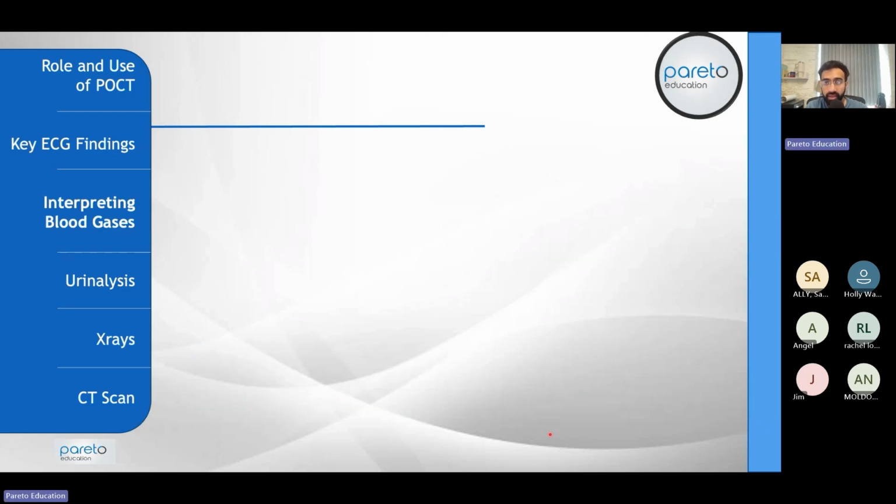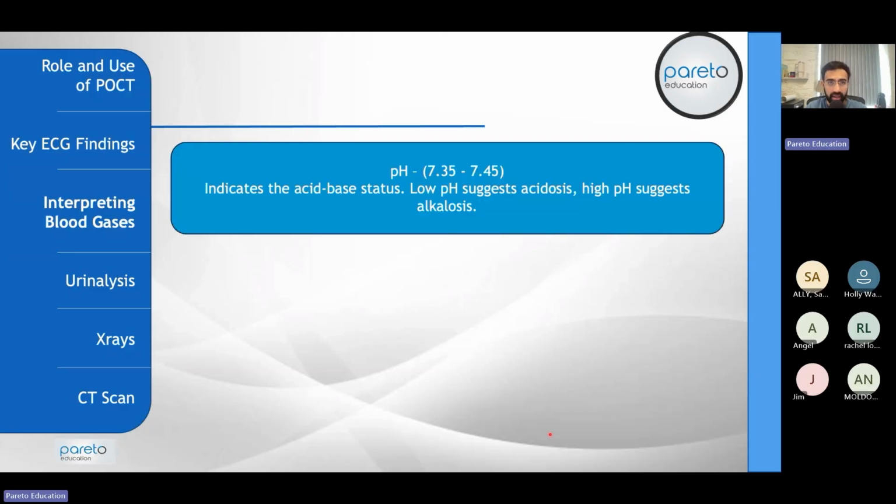The first thing is the pH, which ultimately tells us the acid-base status. Broadly speaking, a low pH is acidotic, and a high pH is alkalotic. Normally, pH ranges are between 7.35 and 7.45.